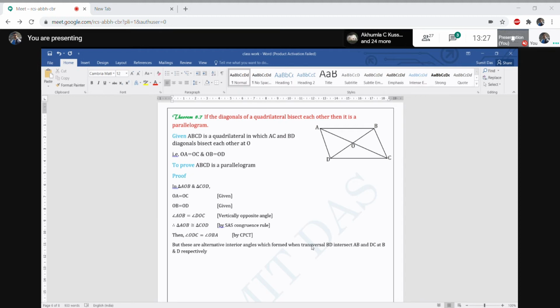So when BD intersects AB at B and DC at D, then only these two angles become equal.